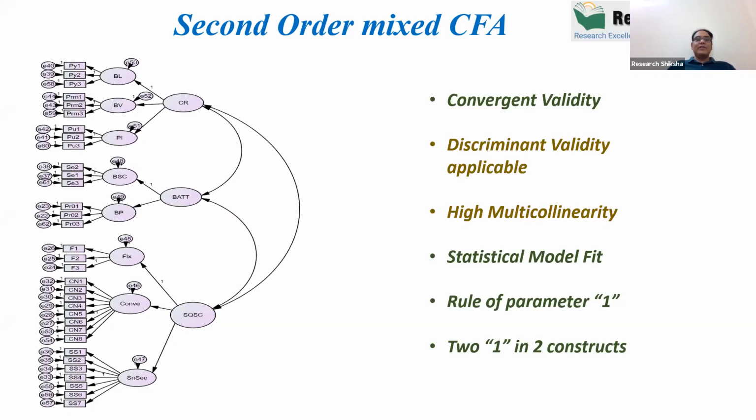So now I'm having a combination of second order constructs. So this is the case of second order mixed CFA. We have to check the convergent as well as discriminant validity of this kind of CFA. And in this case, the multicollinearity is expected in the first orders. So that's why we are moving to the second order CFA.